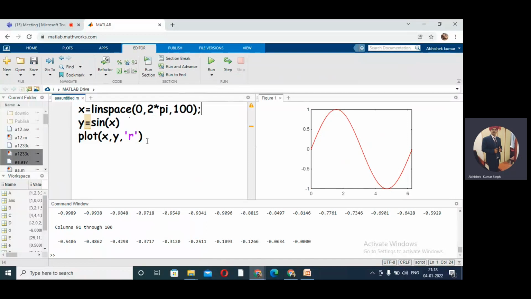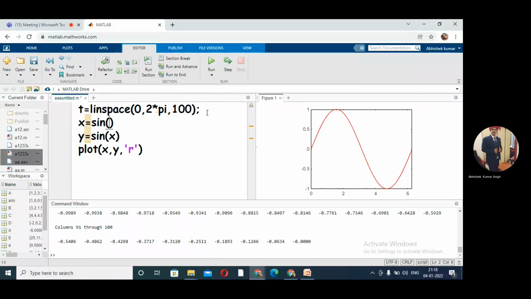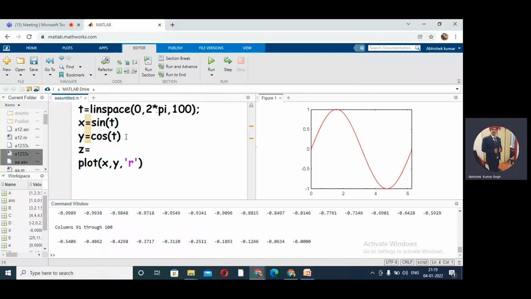So plot3 is the same thing. It will join the points in space: x1, y1, z1, x2, y2, z2. Let us have that. Let us say T has 100 points, and suppose we have x equal to sin t, y equal to cos t, and z equal to exponential t.